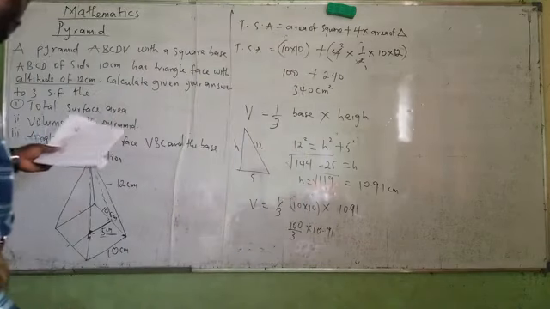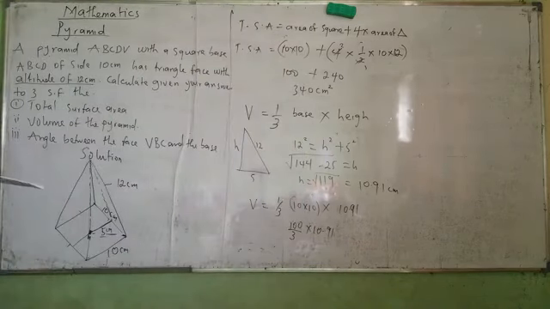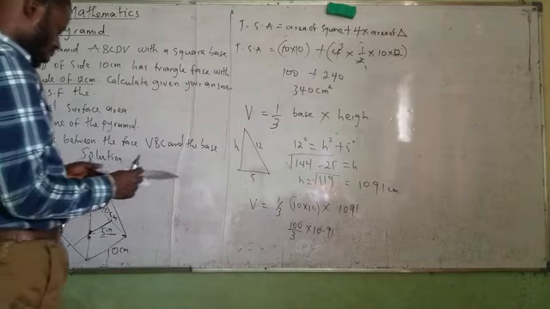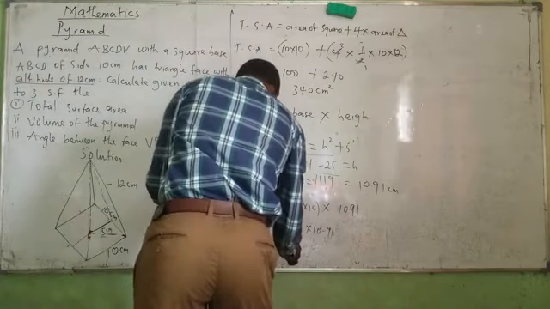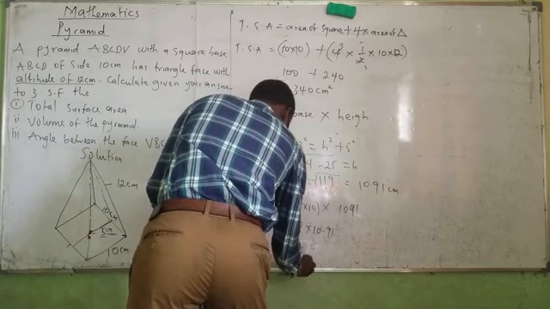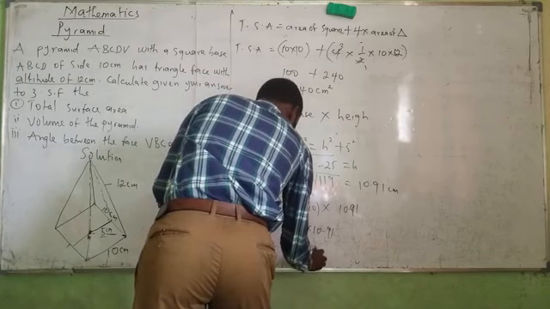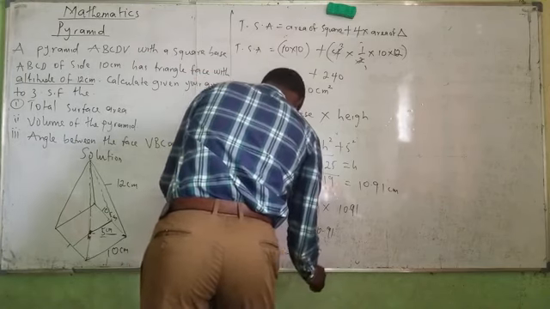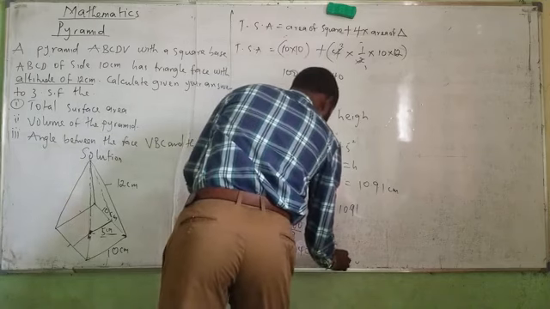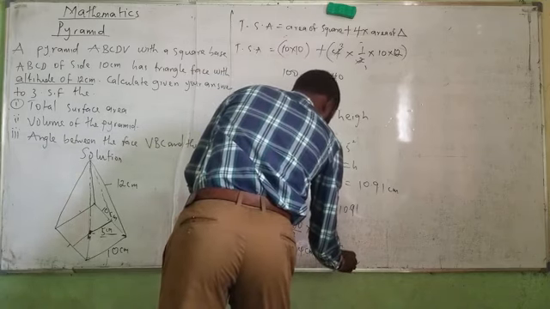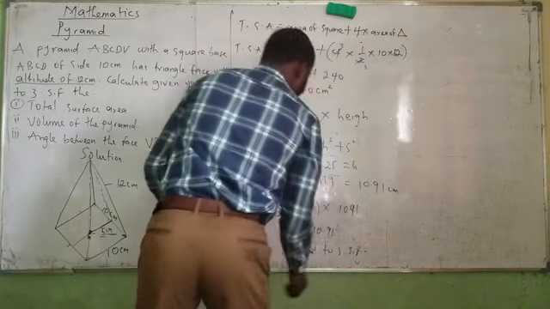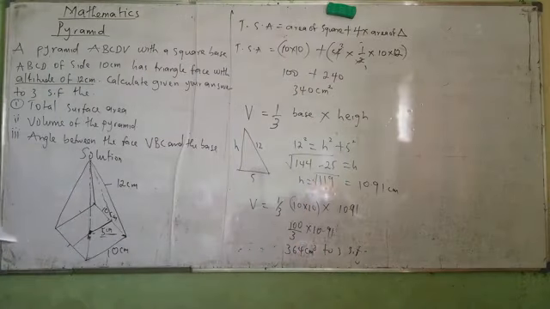With help of my calculator, I'll be having 364 centimeter cubed, to 3 significant figure. That is what I will be having there.